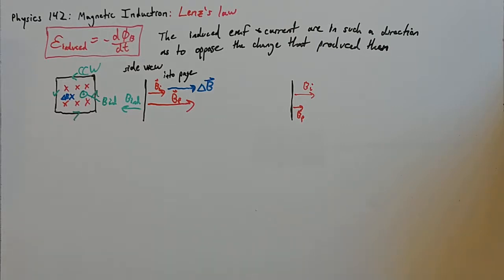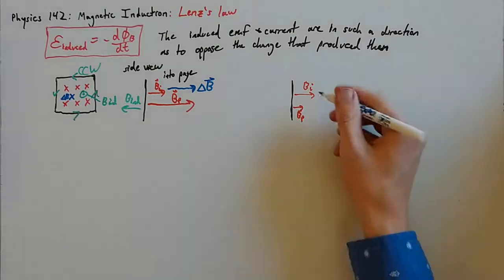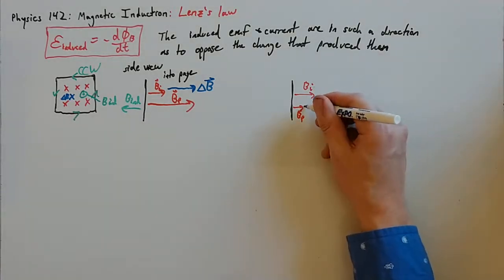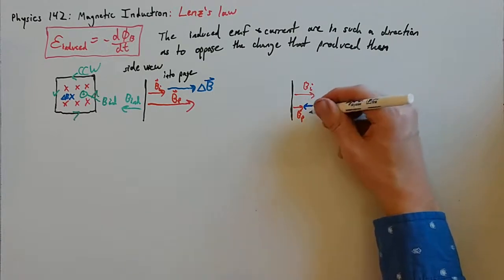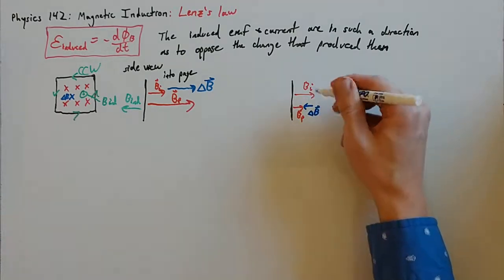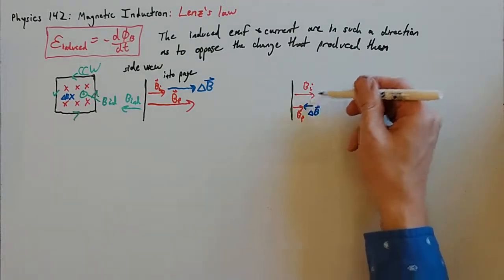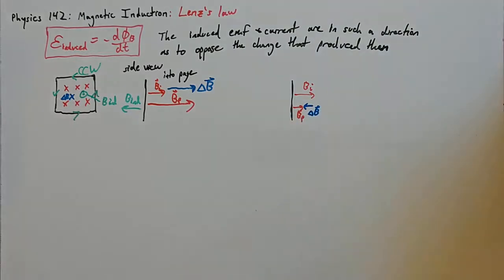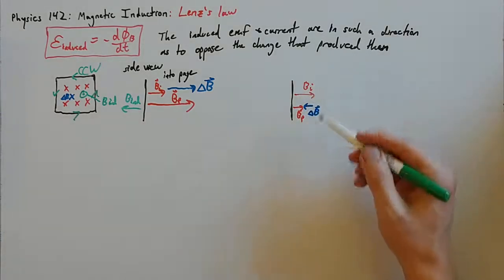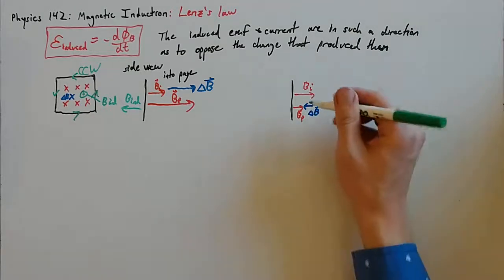Okay, hopefully you've thought through and had an answer. Now I'll go through it. Now we look at what's the change in the magnetic field. The change now would be this way, delta B. It got smaller, so the change is the other way. And so remember, the induced current needs to create a magnetic field that opposes that change.